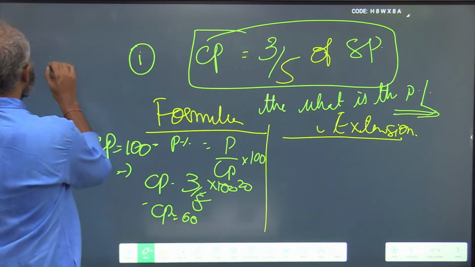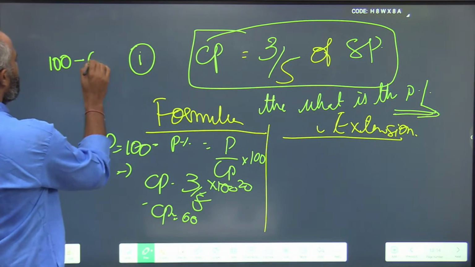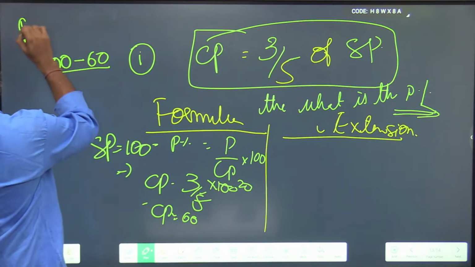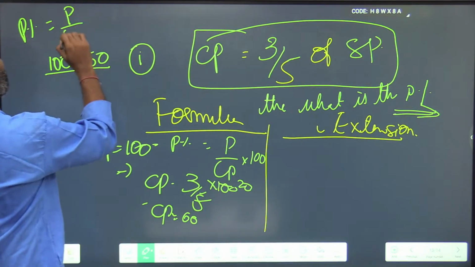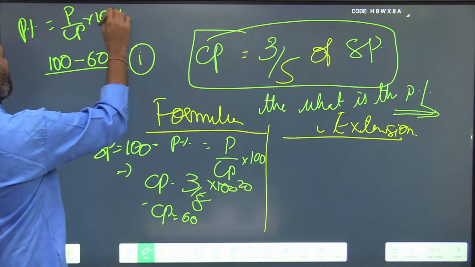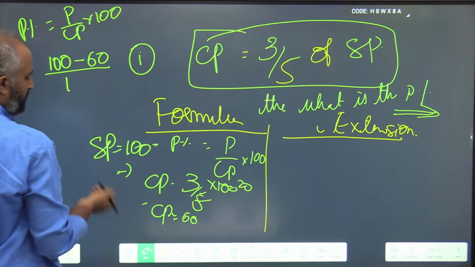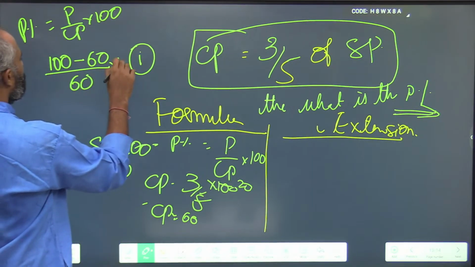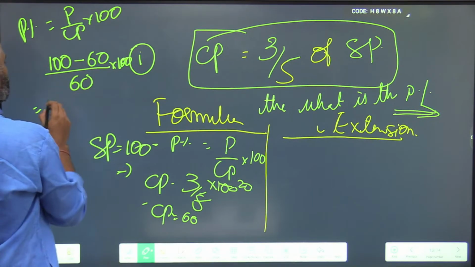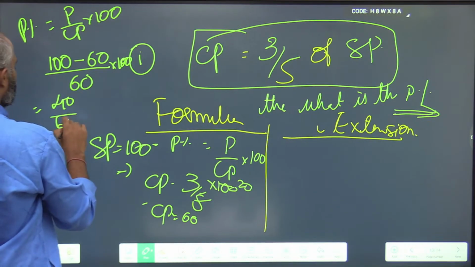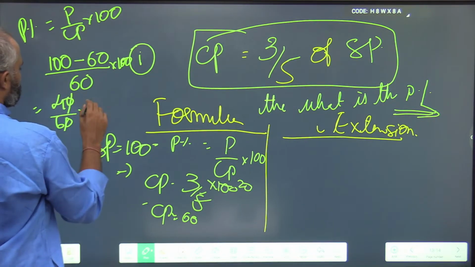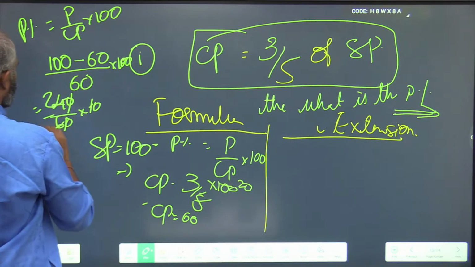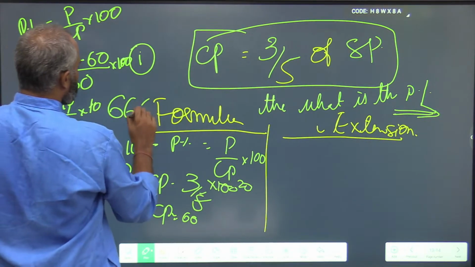So SP is 100, CP is 60. Your profit percentage is profit by CP into 100. So 100 minus 60, by CP which is 60, into 100%. So this becomes 40 by 60 into 100, 4 by 6 into 100, or 2 by 3. 2 by 3 is 66.66%.